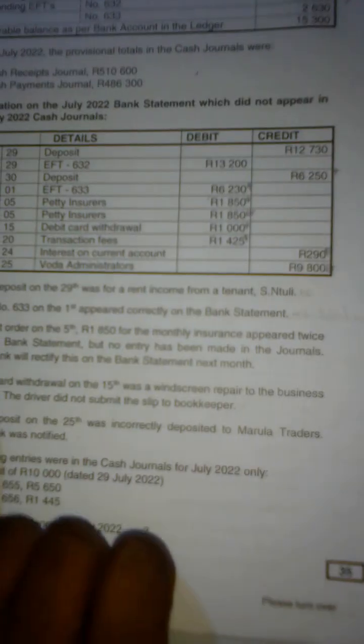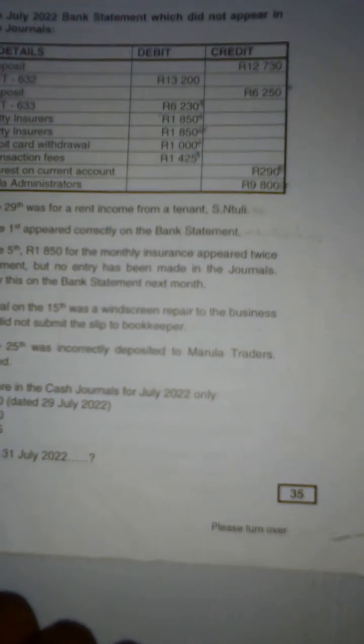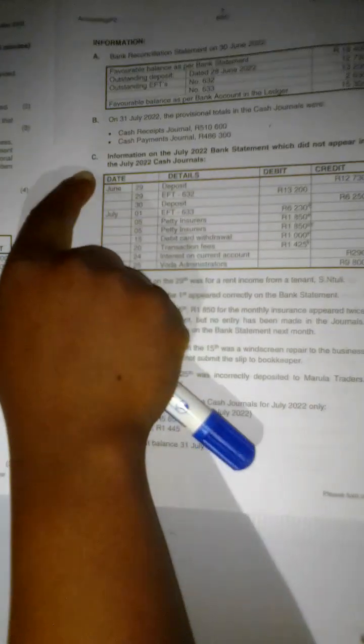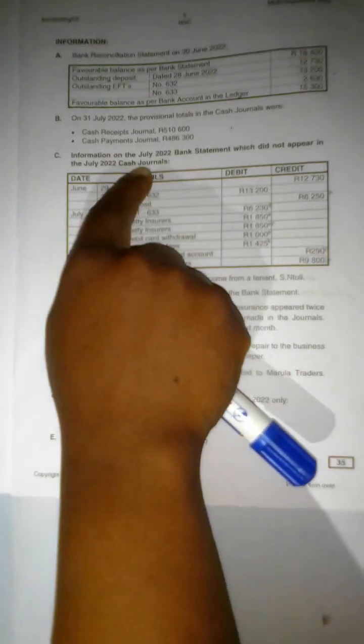And then the 6,250, let's see if there's any information that is talking about that amount. The 6,250 was on the 30th. If you go back to see the information on the July 2022 bank statement, which did not appear in the July 2022 cash journals.